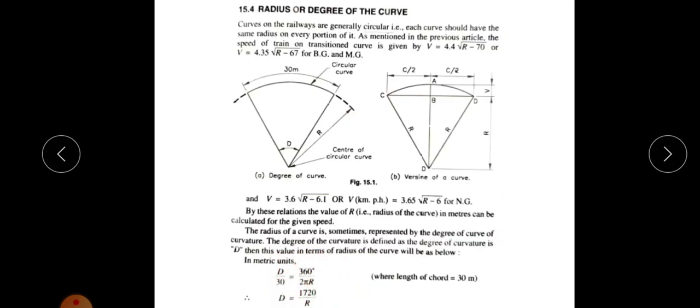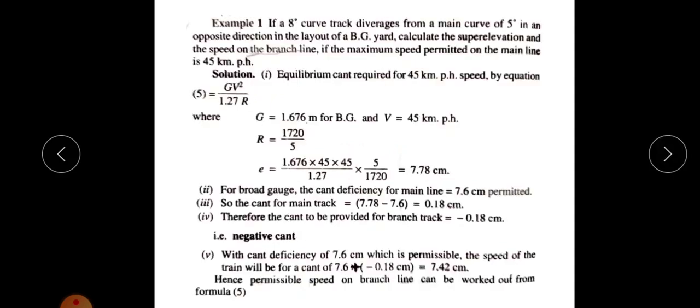You have studied this in your survey and also in the first lecture I have explained this. So D is equal to 1720 by R, so R is equal to 1720 by D. From the degree of curve we will get the value of the radius of the curve, R. So R is equal to 1720 by 5.